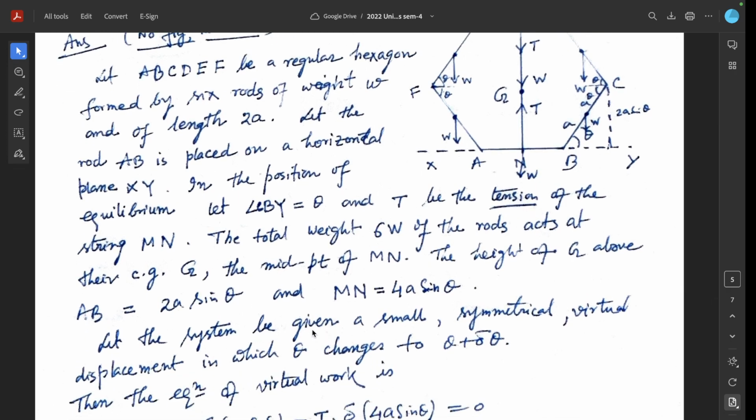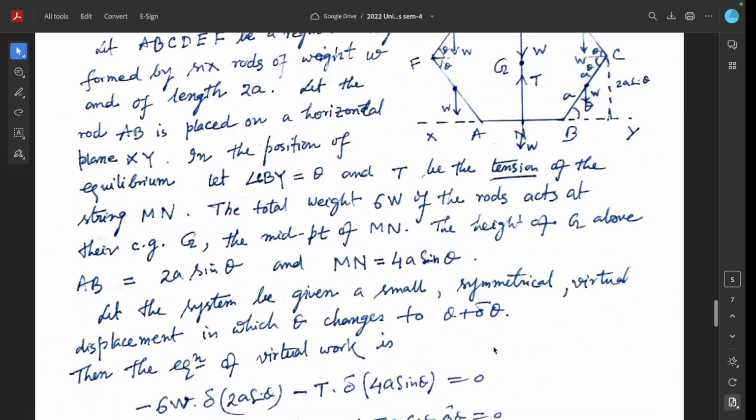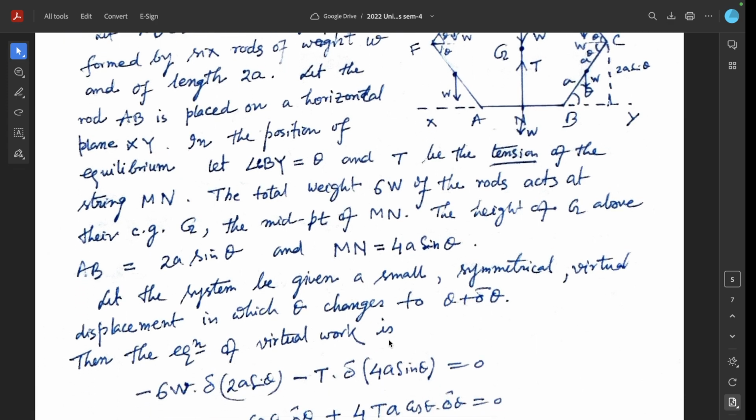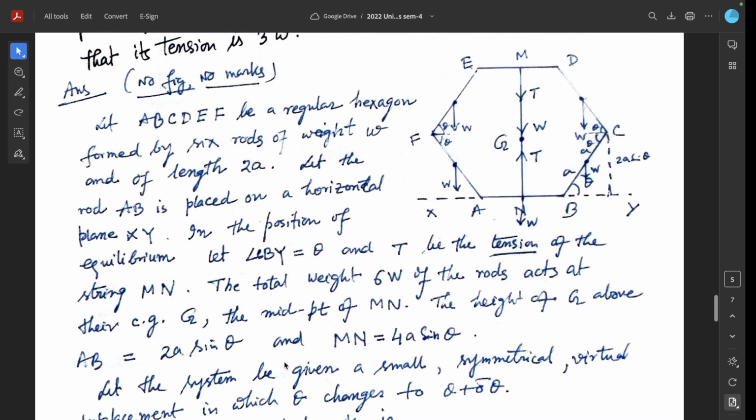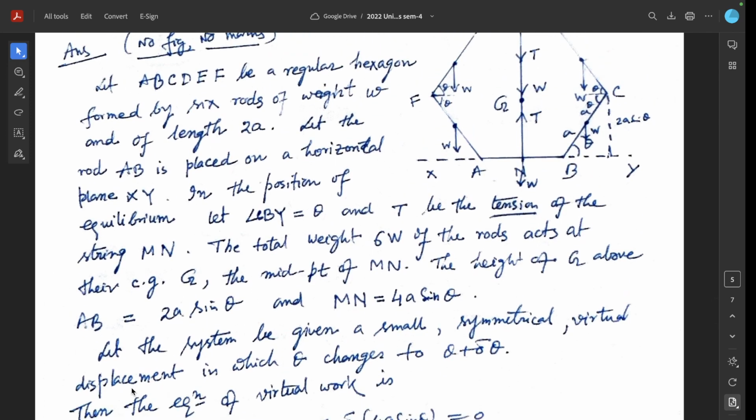Let the system be given a small symmetrical virtual displacement in which theta changes to theta plus delta theta. Then the equation of virtual work involves 6W, the weight acting vertically downwards from the point G, and the baseline is XY.